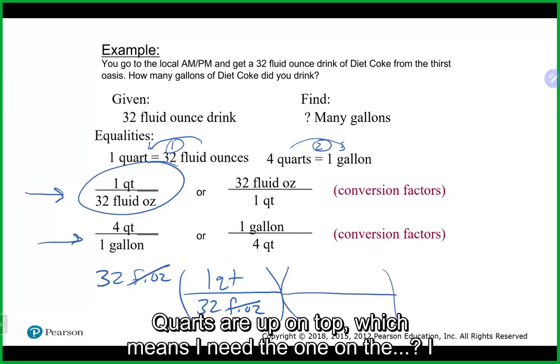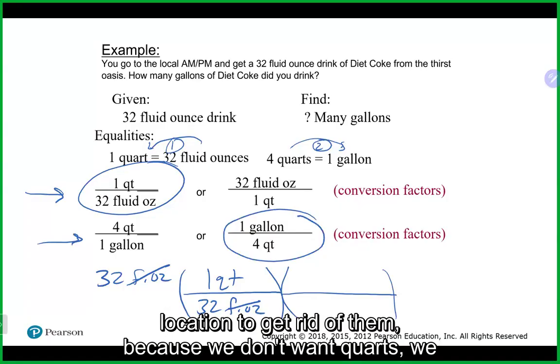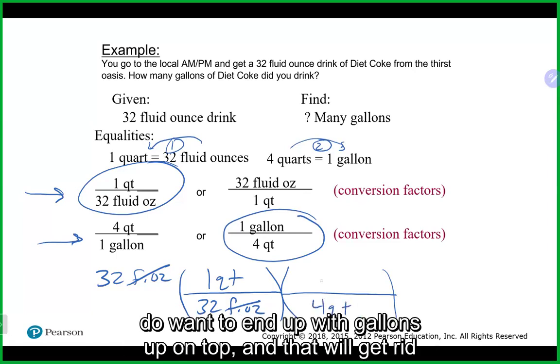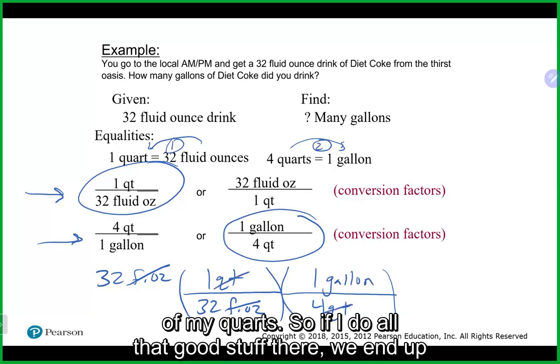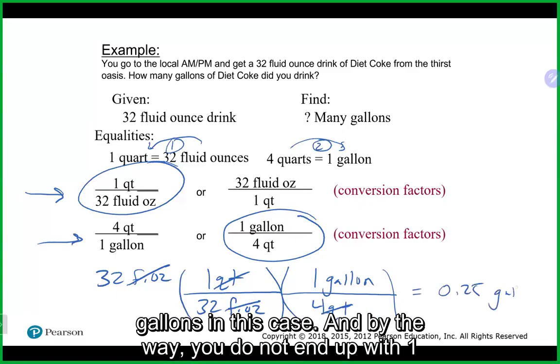Quarts are up on top, which means I need the one on the right that has quarts in the opposite location to get rid of them, because we don't want quarts. We do want to end up with gallons up on top, and that will get rid of my quarts. So if I do all that, we end up with 1 divided by 4. We end up with 0.25 gallons in this case.